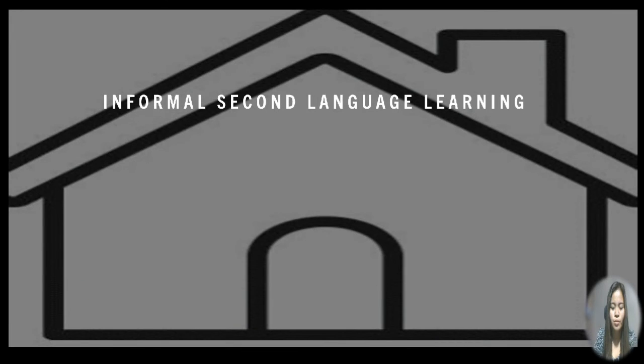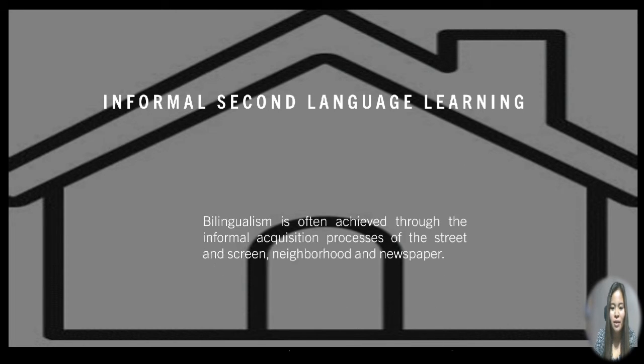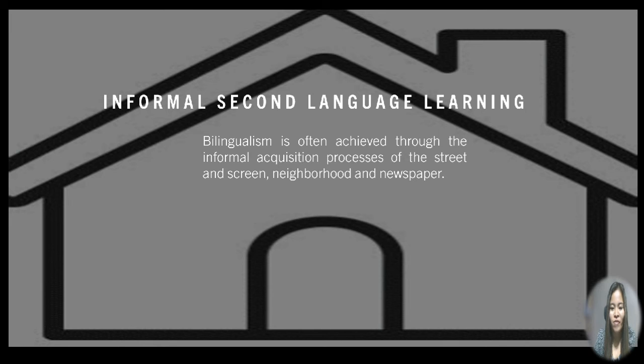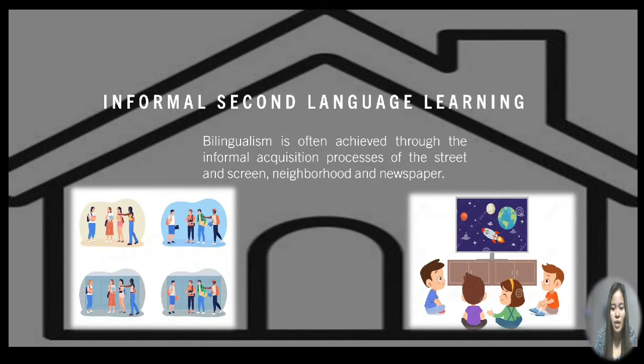There are two routes of sequential acquisition of bilingualism. First is informal second language learning, which means that bilingualism is often achieved through the informal acquisition process of the street, screen, neighborhood, and the newspaper.